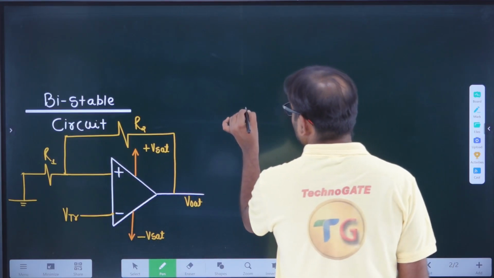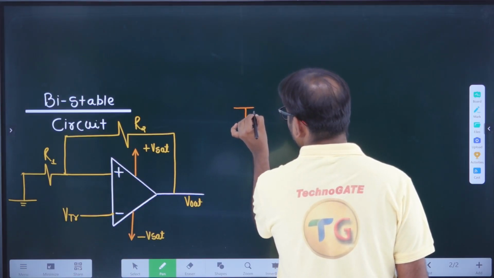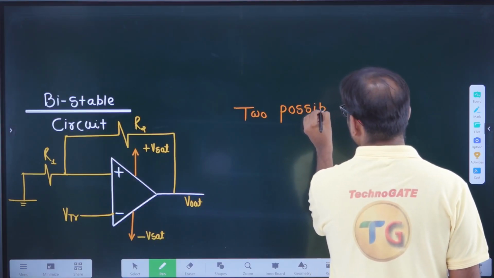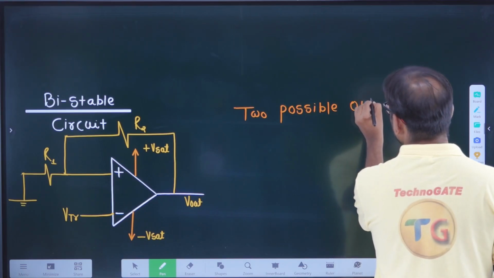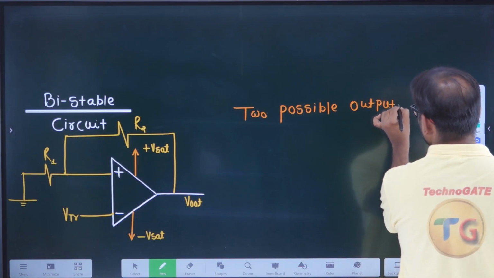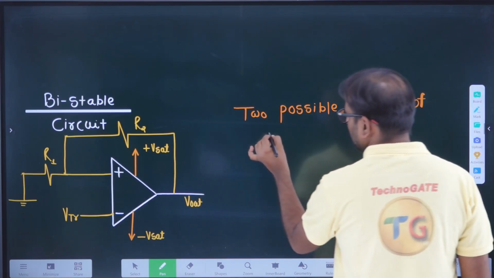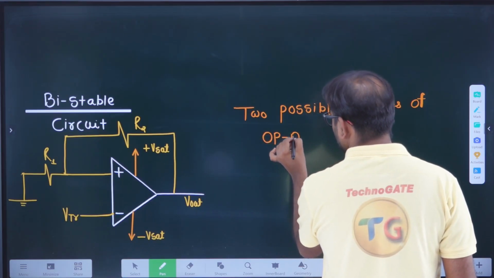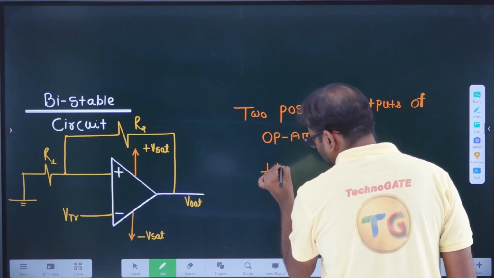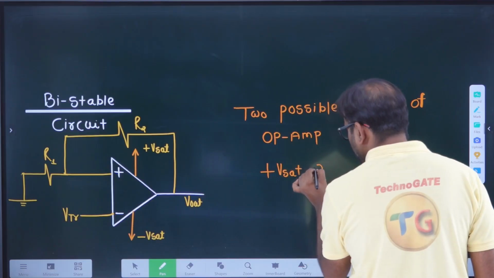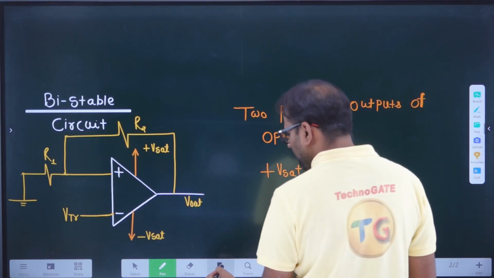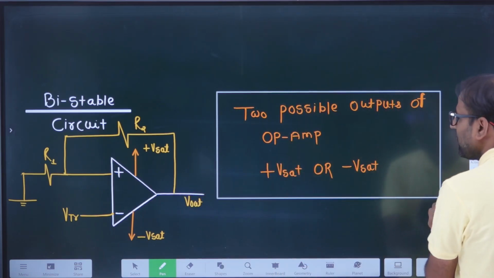So can I say there are two possible observations? We are writing an important point: the two possible outputs of the op-amp are either plus V saturation or minus V saturation. Why is the op-amp saturating?